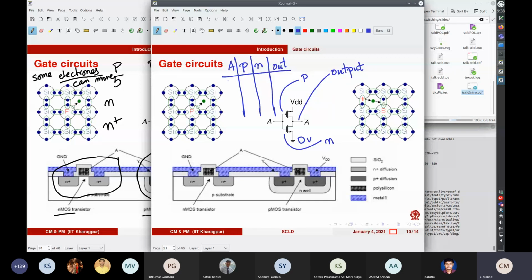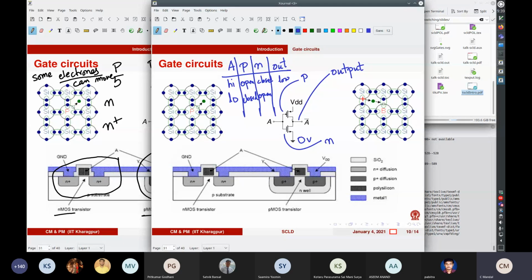So when A is high, P is open, N is closed, output is low. And if A is at a low voltage, then N is going to be open, there won't be any channel here. If it is at a low voltage compared to the source and the drain, the P-type is going to be closed, right?